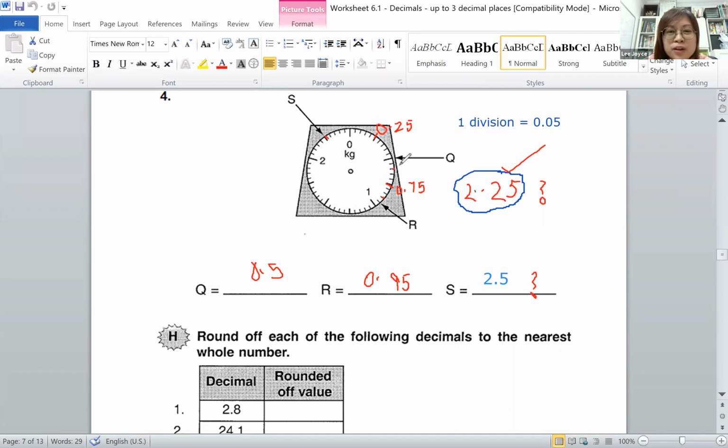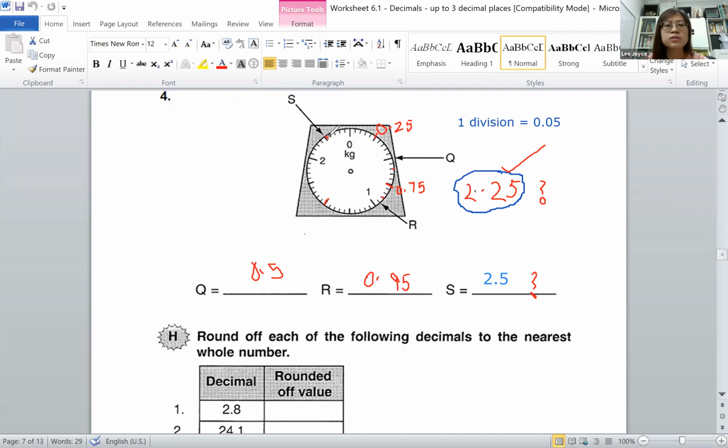So why not 2.5? Because if it's 2.5 it will have a longer division. Can you see this part? This division here is longer than this. So that is 2.5. Sometimes in a weighing machine, or in any kind of instrument, they will not show a complete scale, which we call a scale. You may think, hey, this is 0 already.